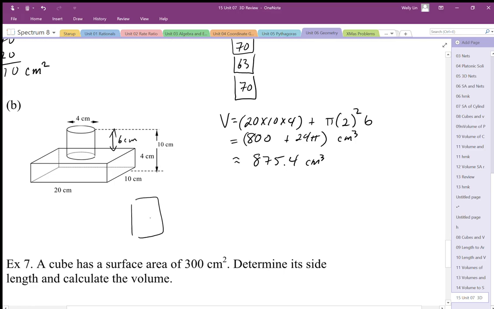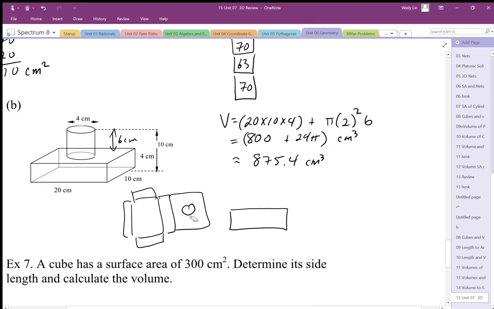When I talk about my surfaces here, I can draw my rectangular block. I've got a hole in it, but really I can fill that hole with the cylinder top. So I'm not going to take away the hole and put the hole back in. I'm just going to calculate it as one surface. Then I have my side cylinder surface.